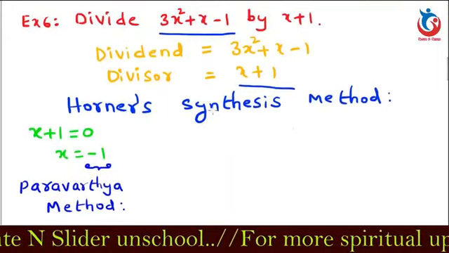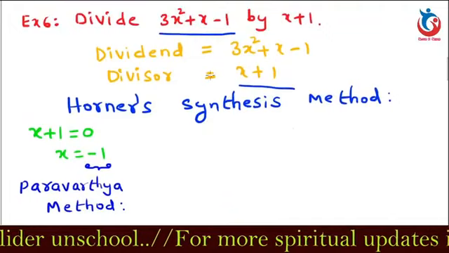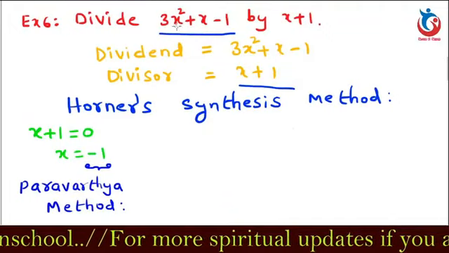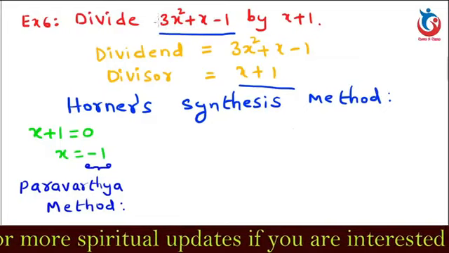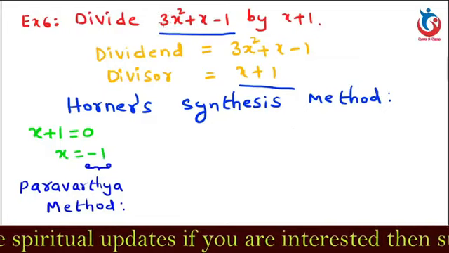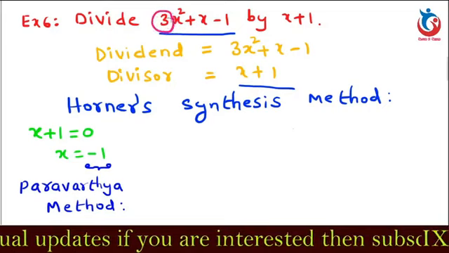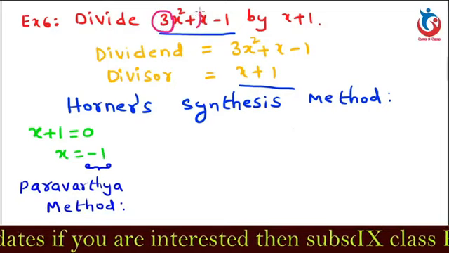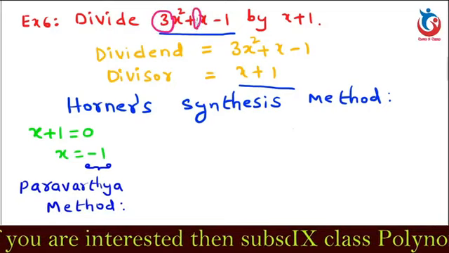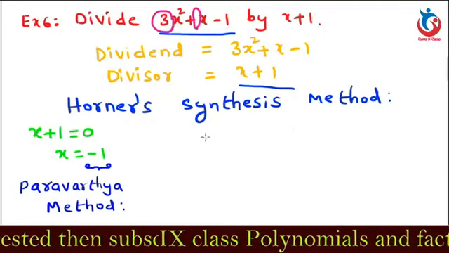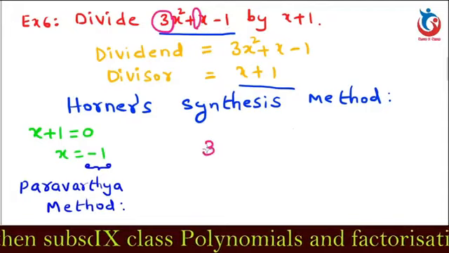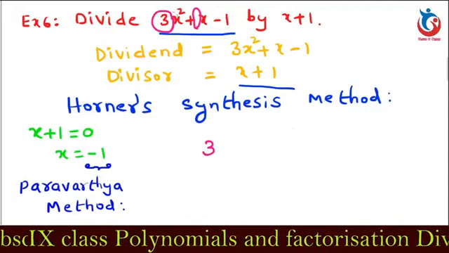So first you should write the coefficients, that means the numbers which are before the variables. Here the coefficient of x square is 3, and x has a coefficient, the number before x, which here is nothing. Nothing in the sense it is 1. So 3, and after the x square term we have the x term.